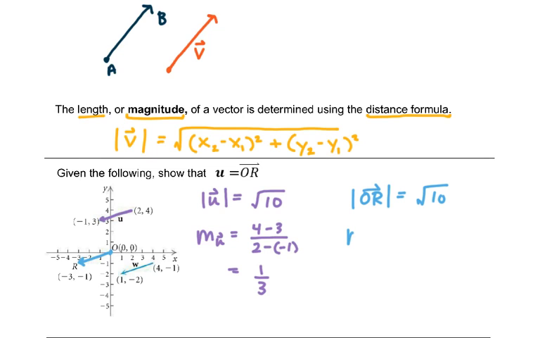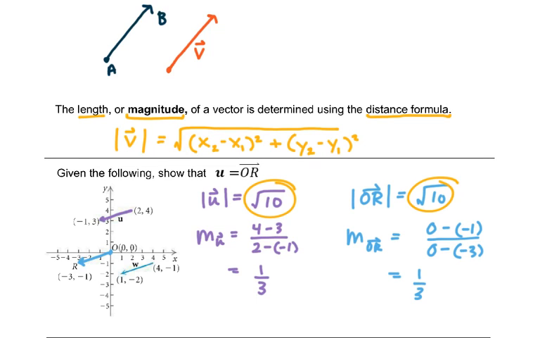And the slope for vector OR would be 0 minus negative 1 over 0 minus negative 3, which again we get is 1/3. So because both have the same magnitude and both have the same direction or slope, we can say that these two vectors are equivalent.